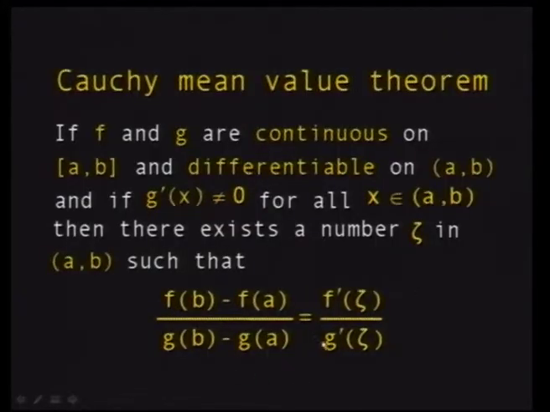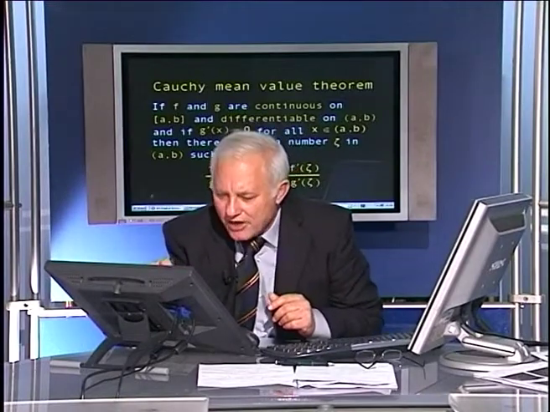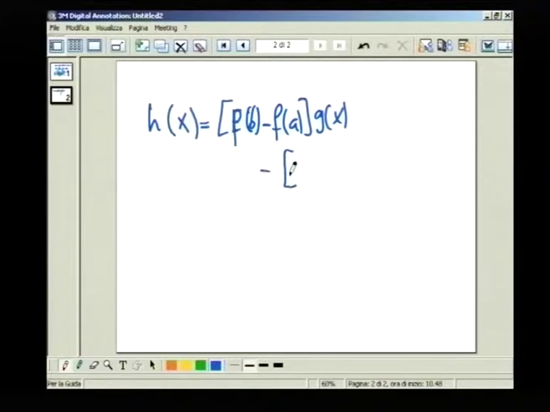But what Cauchy did is he used Rolle's theorem again, like the one he used before to prove the first mean value theorem. You have here (f(b) - f(a)) times g(x), and he subtracted from this (g(b) - g(a)) times f(x).